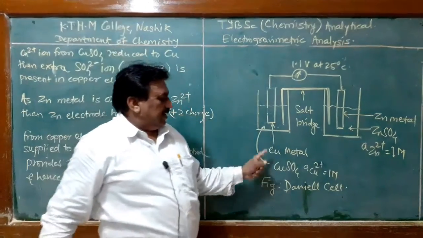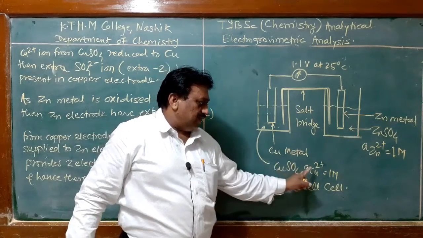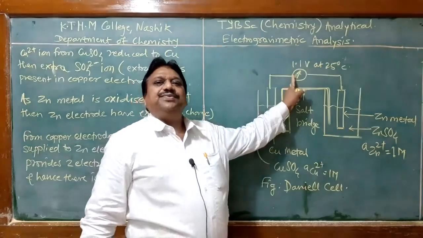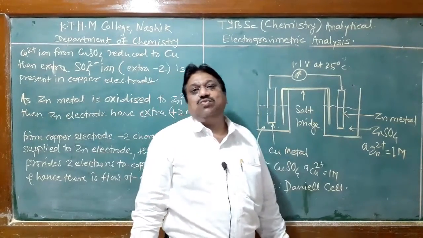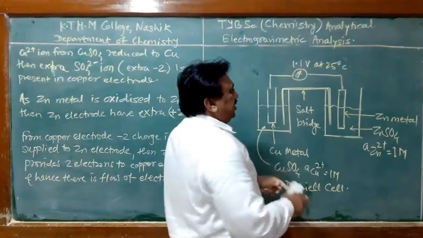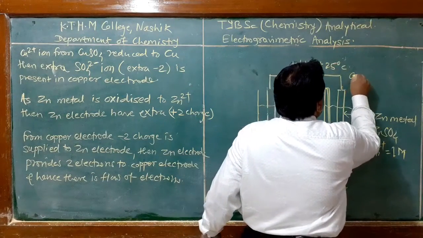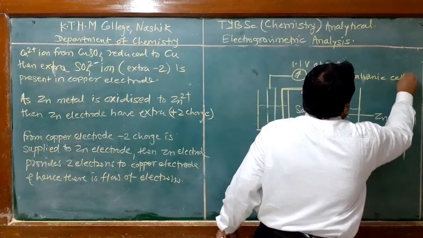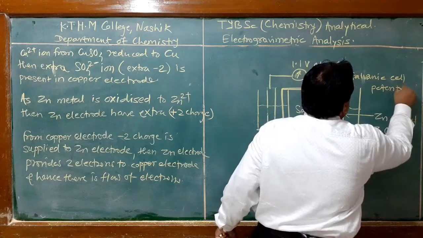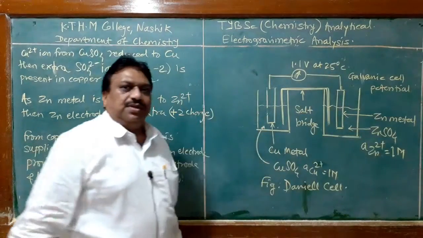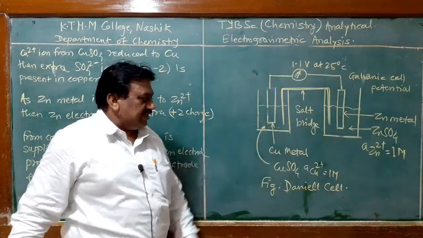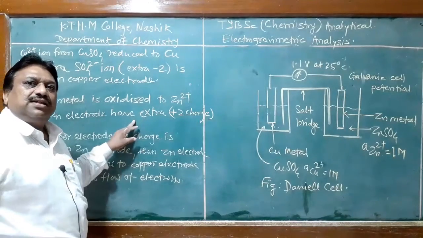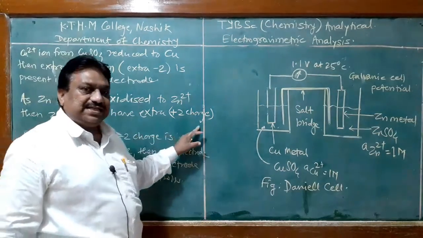Therefore, at a concentration of 1 molar copper and 1 molar zinc, the potential difference in a Daniell cell is 1.1 volt. This potential is also called galvanic cell potential or voltaic cell potential. Now, in this way the Daniell cell works and it produces electricity.